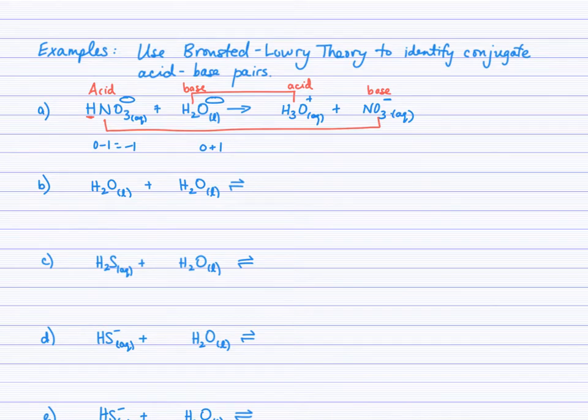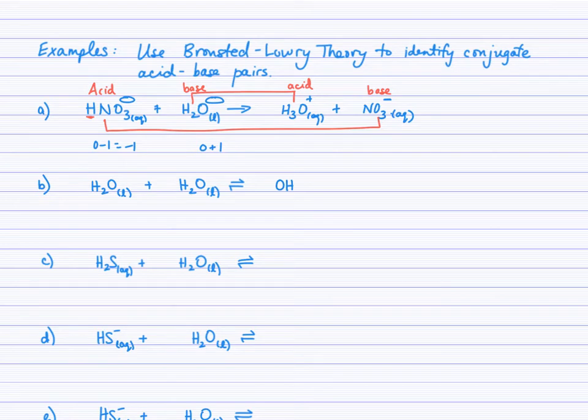So in the next case, I have water colliding with water. We know water is amphoteric. It can either donate or accept a proton. So pick one to do each and write what's left over. So if I pick the first water here to lose one of its H's, then that's going to form OH, right, with only one hydrogen.